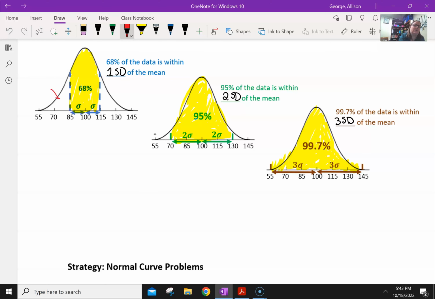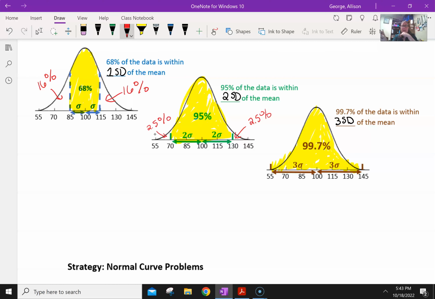So it means this side is 16%, and that side is 16%. Right? For the middle diagram, if 95% of the data is in between 2 standard deviations, that means there's 5% left. So on either side, this would be 2.5% and 2.5%.